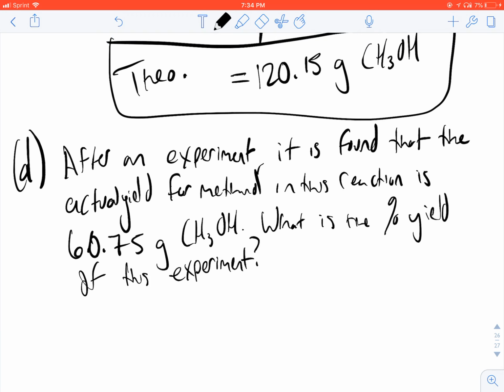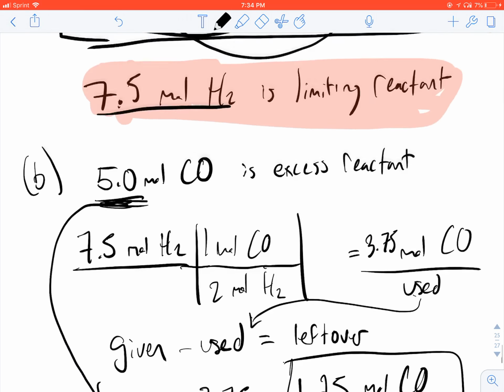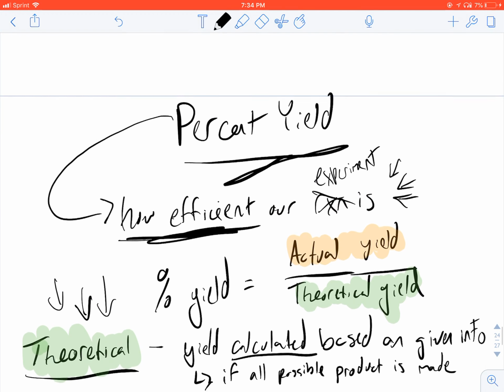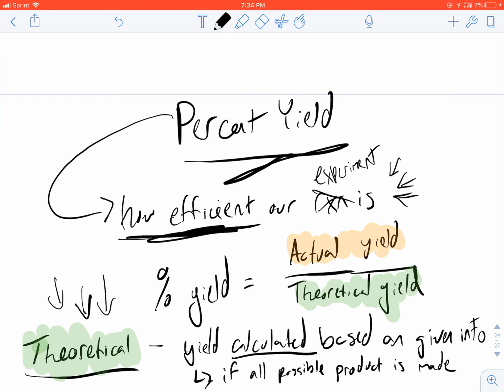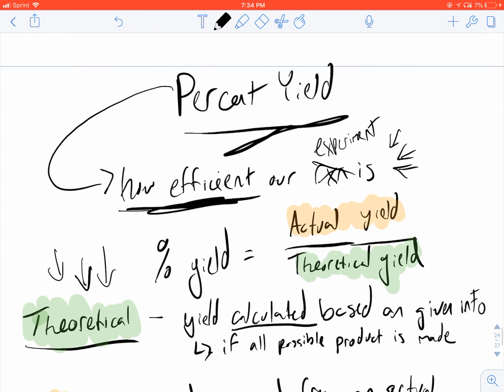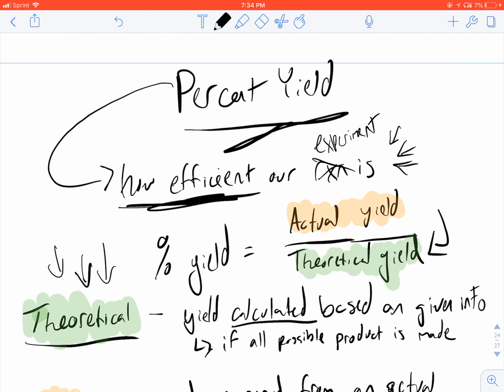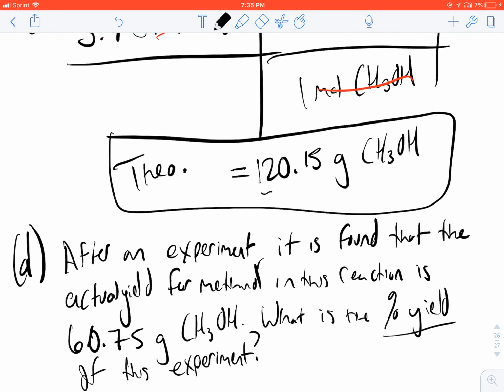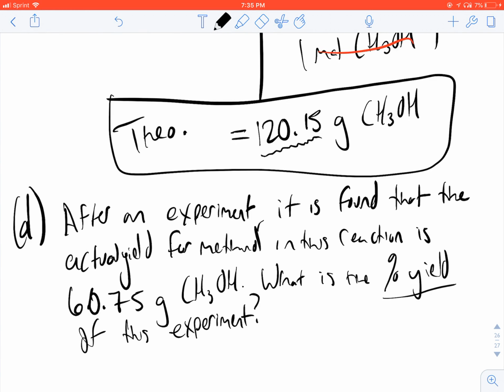Now, again, percent yield, right? We said that it shows how efficient our experiment is, because it's a comparison to what we could have got theoretically versus what we actually got in a lab. And in our example here, theoretically, we could have made 120.15 grams of methanol.